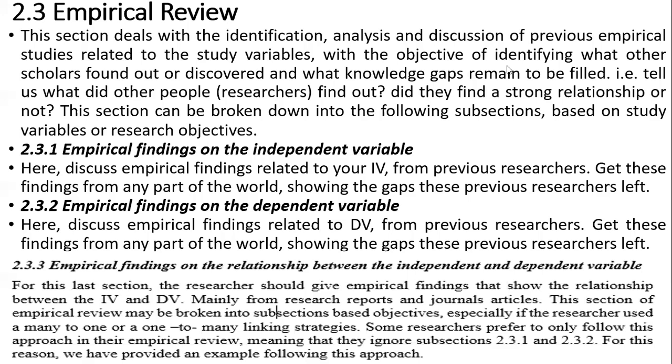The objective is to find out what did the previous researchers on this topic discover? And what did they not discover? For example, one way to show what they discovered is to find out whether they discovered a significant relationship between your IV and DV. That is one way. Do those findings present a significant relationship? Two, do they present a positive relationship or a negative relationship?